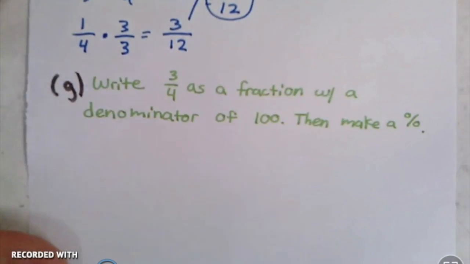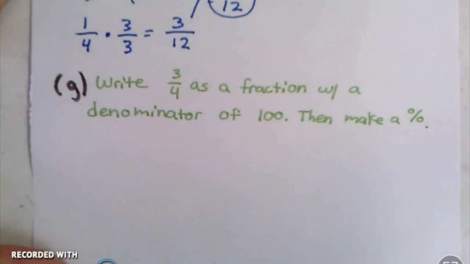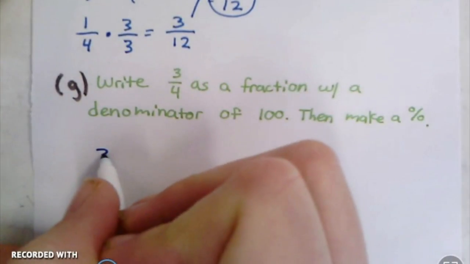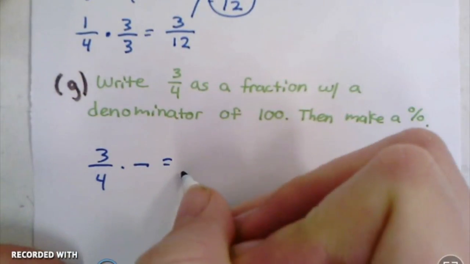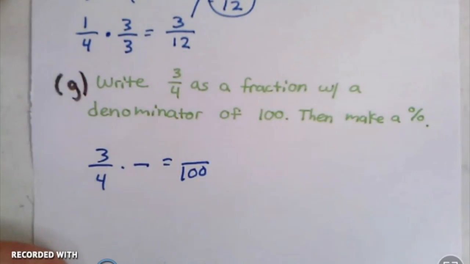Okay? Write 3/4 as a fraction with a denominator of 100. Then make it into a percent. So I have 3/4. I need to multiply it times a fraction that's going to give me an equivalent fraction with a denominator of 100. So 4 times what is 100?